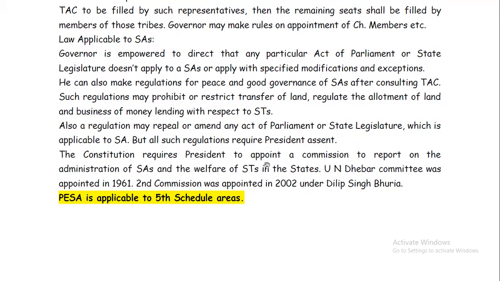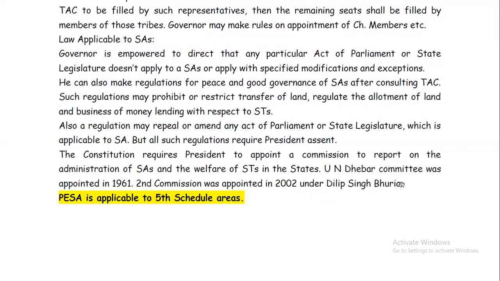The Constitution requires the President to appoint a commission to report on the administration of scheduled areas and the welfare of the STs in those states. Okay, so particularly the welfare of scheduled tribes is concerned. So there should be a commission to prepare a report on how the governance is going on in such scheduled areas, how the administration is carried out, and whether the welfare of STs is taken care of while such administration is going on.